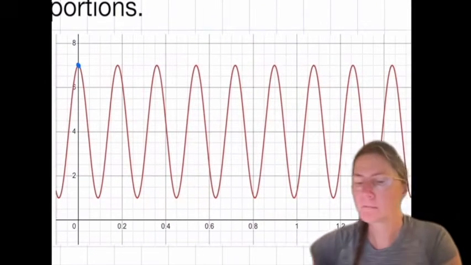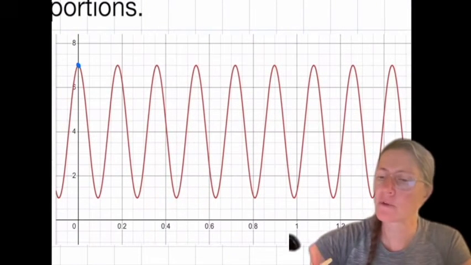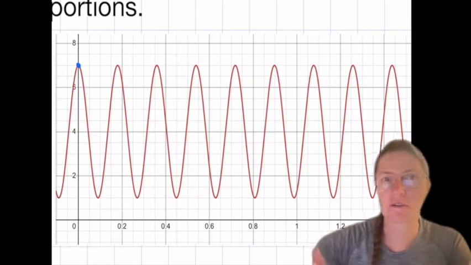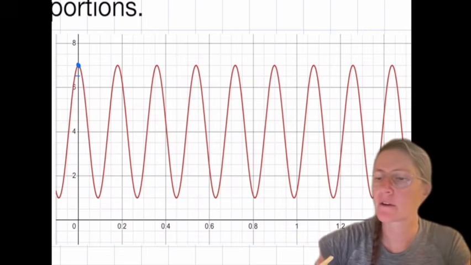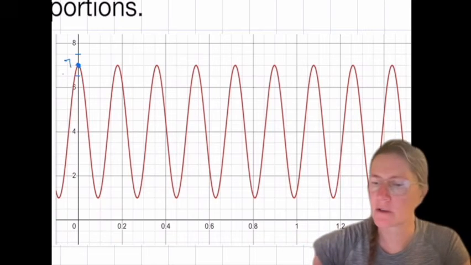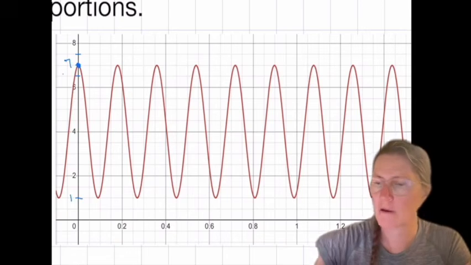And it looks like it's 2 between each of these sections, so this would be 6, and these are each going to be 0.5, so this is going to be a value of 7. And then it looks like this will be a value of 1.